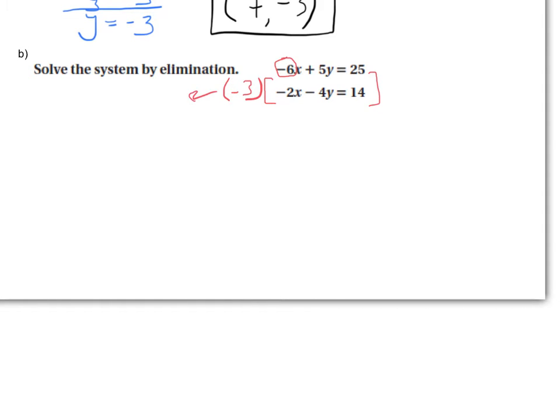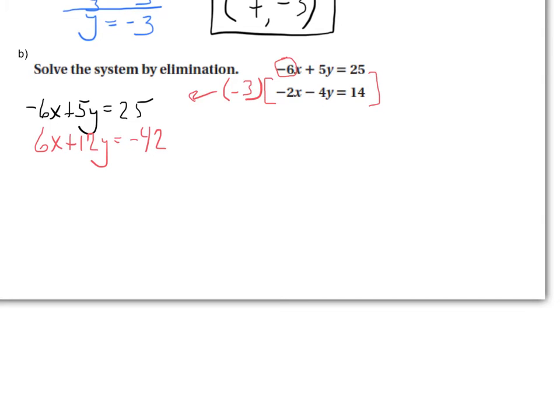The first equation is going to stay the same. So we have negative 6x plus 5y equals 25. In my second equation, using the distributive property and multiplying all the terms, including over the equal sign, gives me 6x plus 12y equals negative 42.